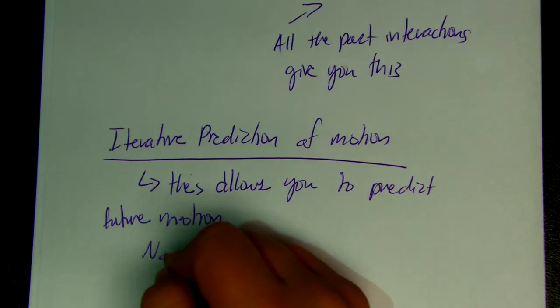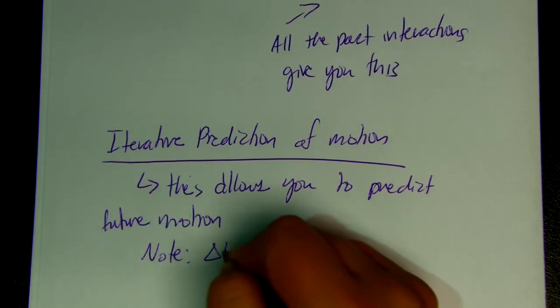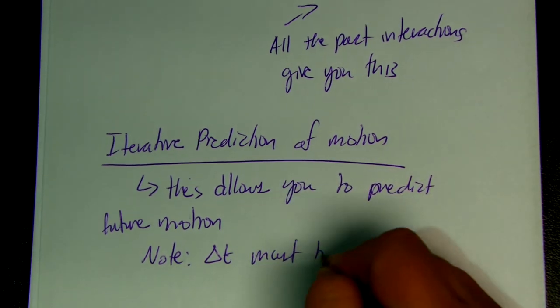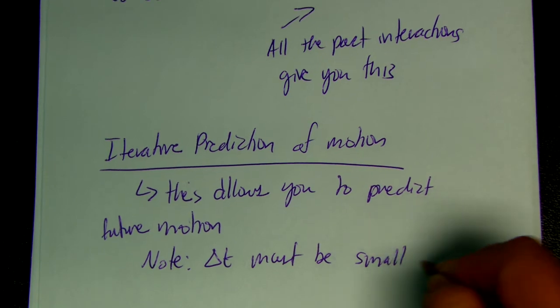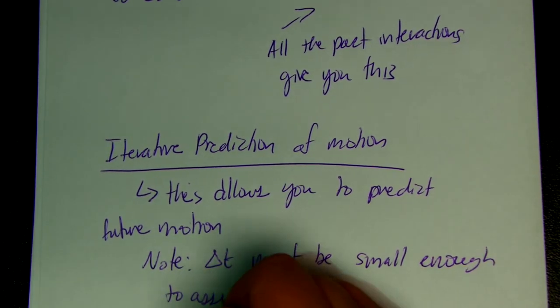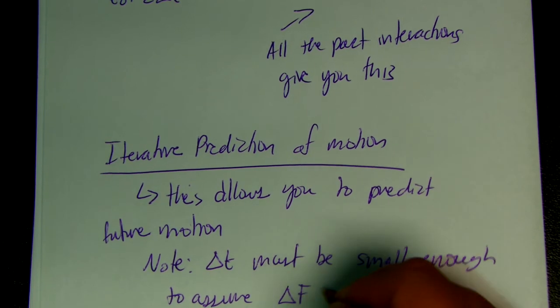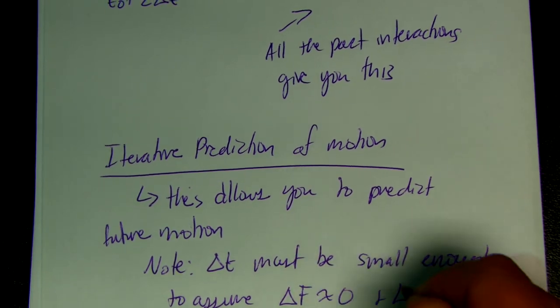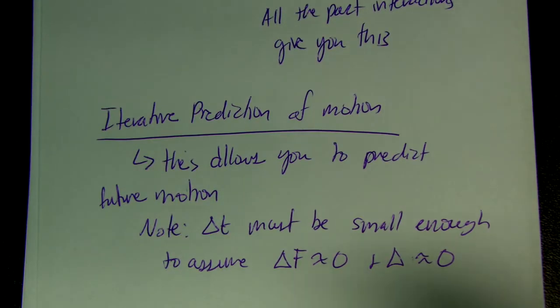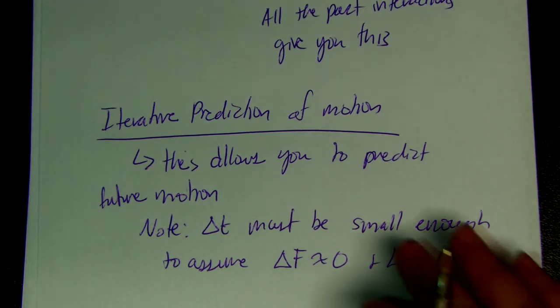In order for this to work, you must choose a time chunk small enough to assume delta F is approximately 0 and delta V is approximately 0, so that we can make some useful estimations.